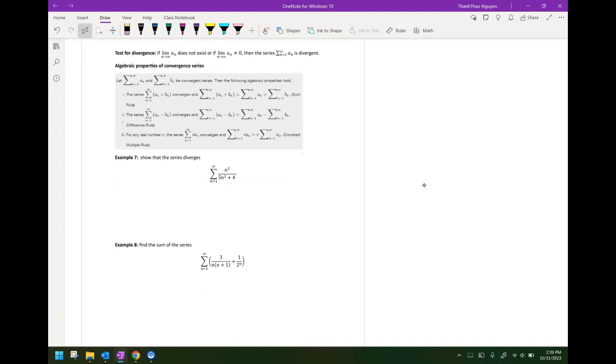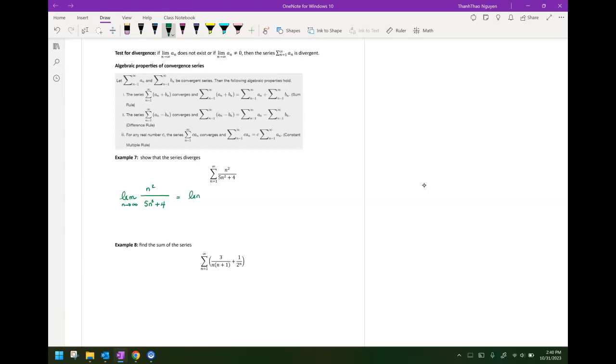Show that the series is divergent. The sum from n equals 1 to infinity of n squared divided by 5n squared plus 4. So let's take a look at the limit of the a sub n term. The limit as n approaches infinity of n squared divided by 5n squared plus 4.